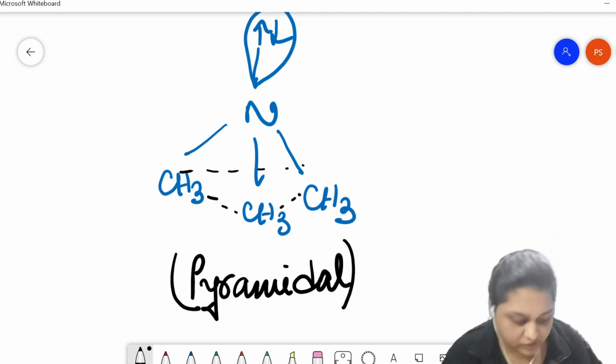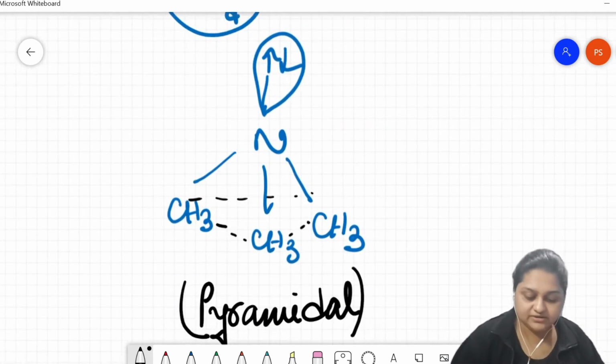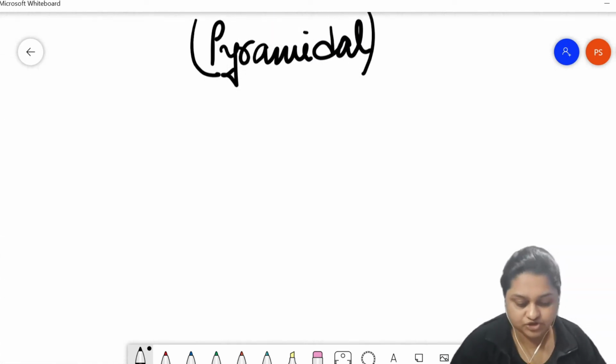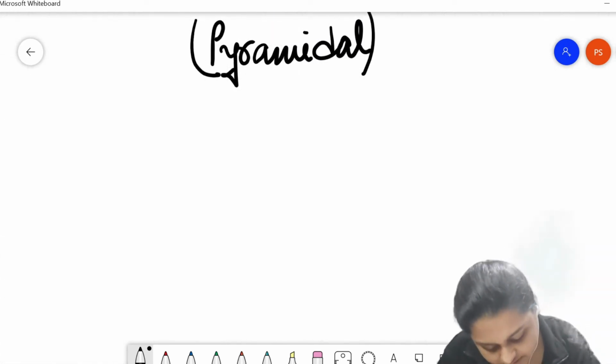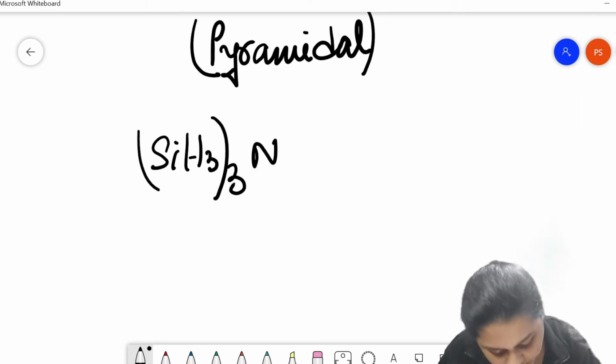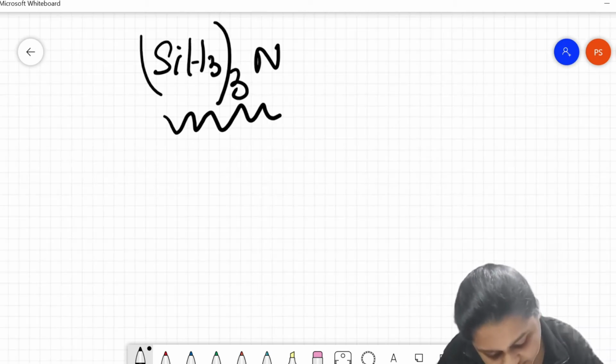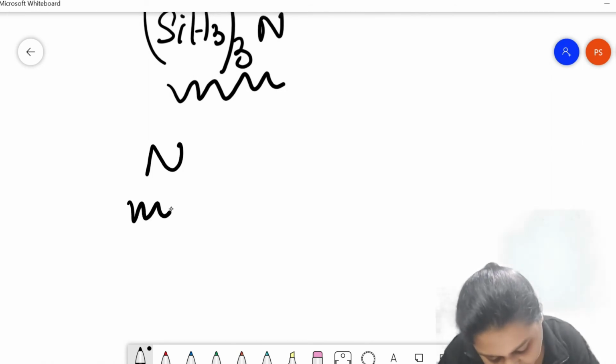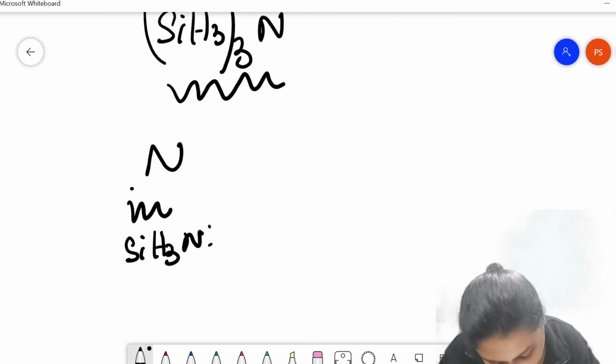Pyramidal shape. Let's look at the structure and geometry of the (SiH3)3N molecule.